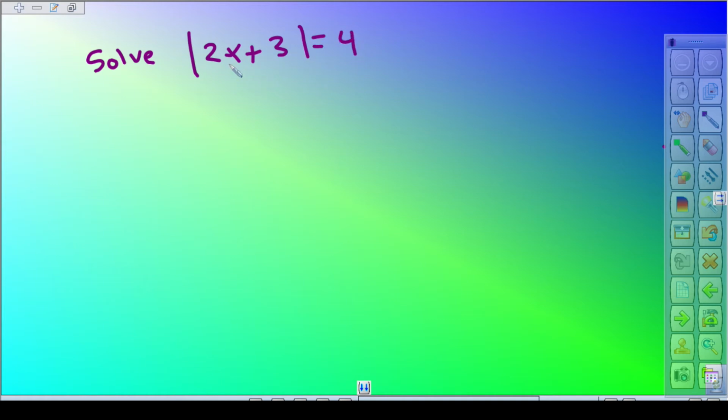Remember, you always want to isolate the absolute value box. Think of it like a gift box. Somebody's giving you a gift box, and you're unwrapping the gift box. So basically what you need to do is get rid of things that are the outer wrapping for that box.